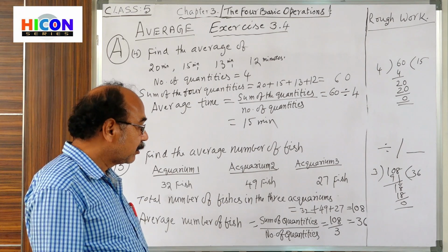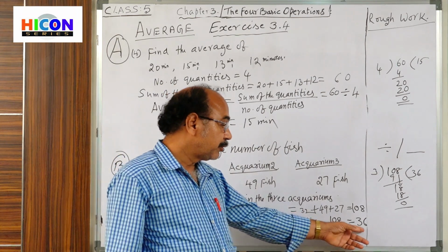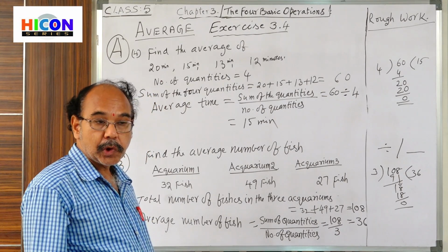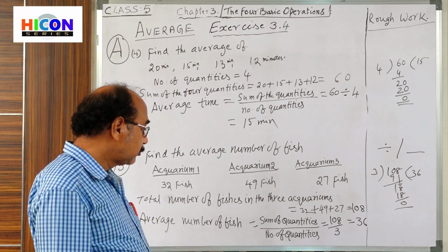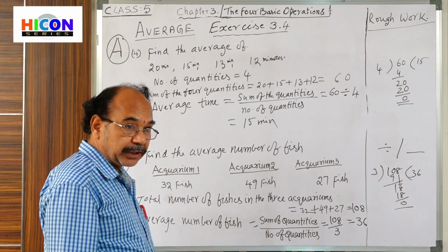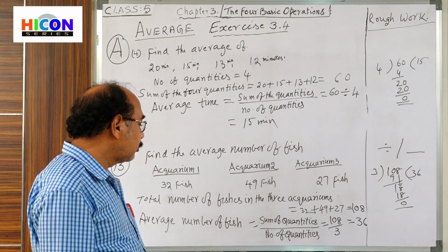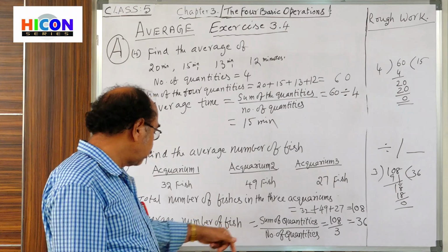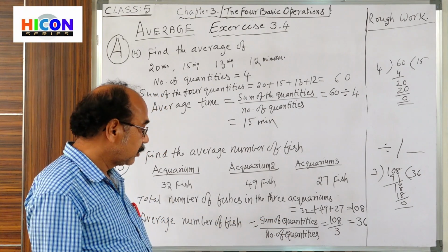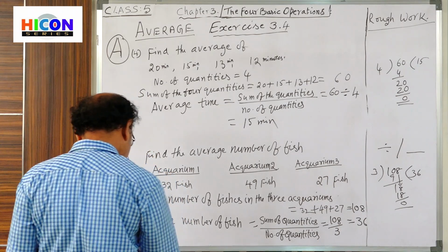The total can be found by multiplying this with 3. 3 thirty-sixes are 108. If you want to check your average, what do we do? Sum of quantities is equal to average number of fish into number of quantities. Okay, check work.